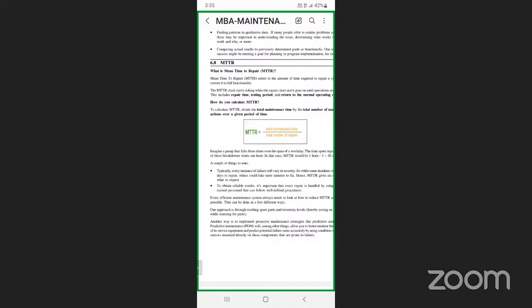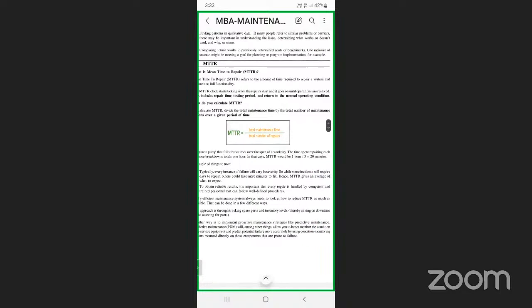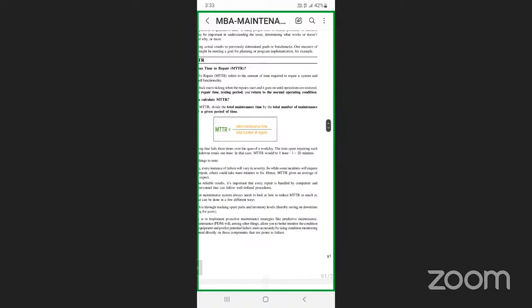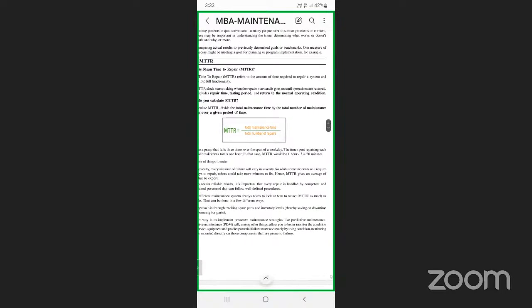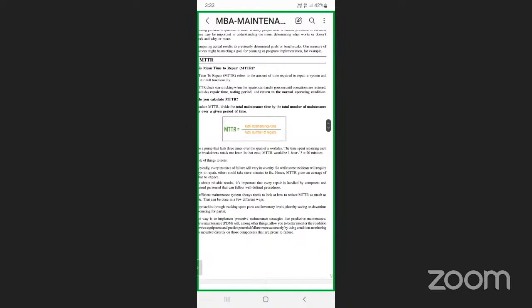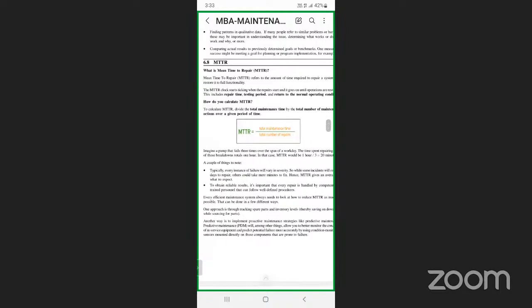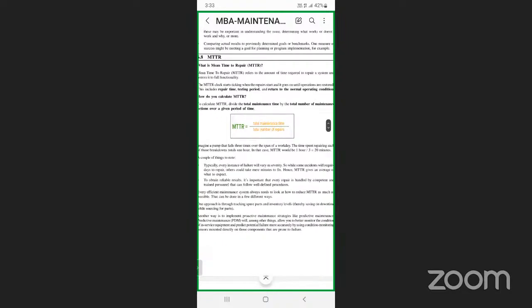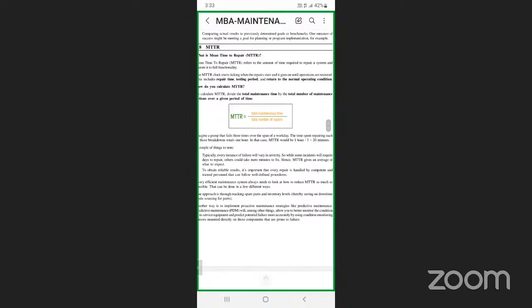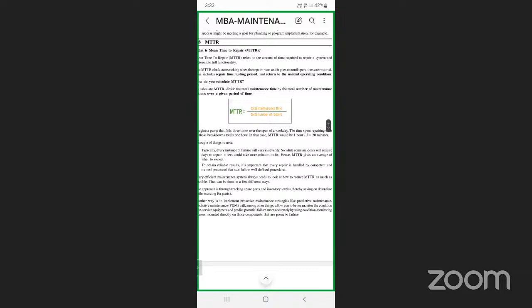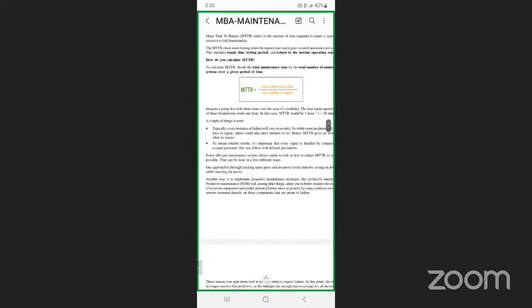So MTTR is a total of 1 hour for 3 repairs, so 1 hour divided by 3 is 20 minutes. Mean time to repair is simply total maintenance time divided by total number of repairs. It can be found out for a day, for a month, or whatever span it is. Mean time to repair is one important metric.